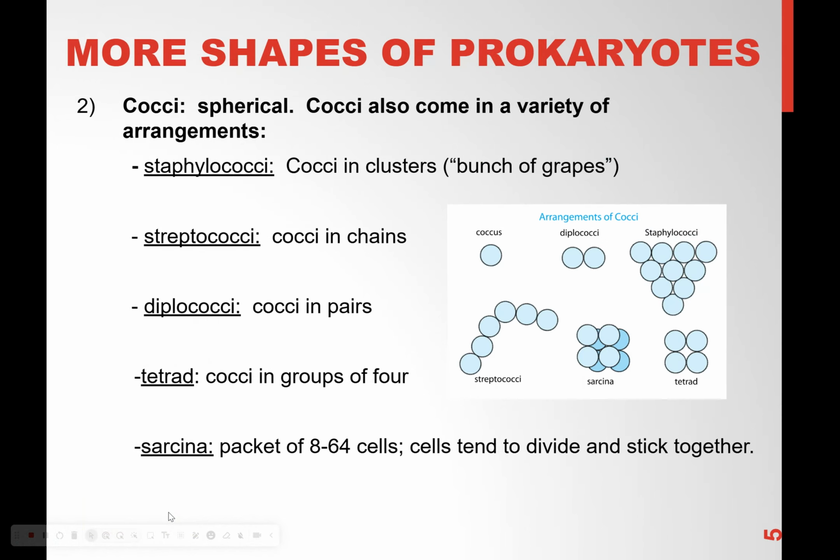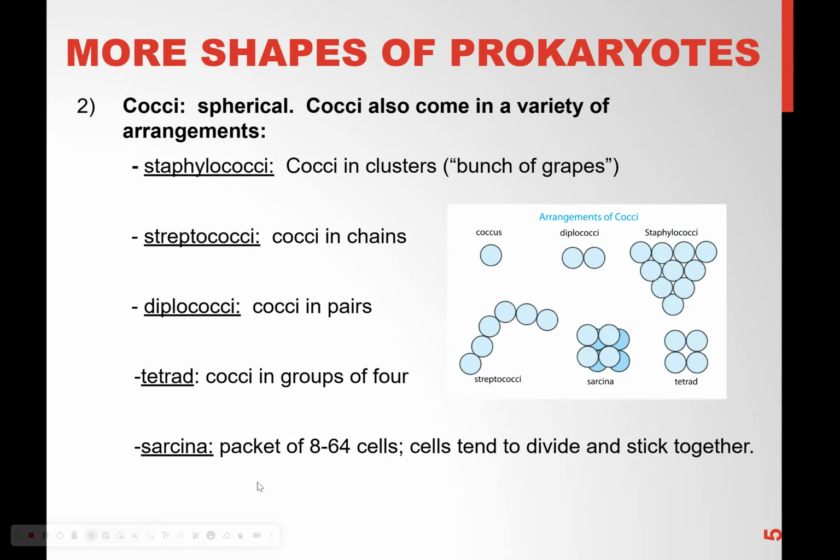Now with cocci, it means spherical, and we have different terms to describe cocci. Cocci can be staph, which we said was in clusters or groups. It can be strep, which is in chains. It can also be diplo, which are pairs. Here's a little example of diplococci, little pairs.